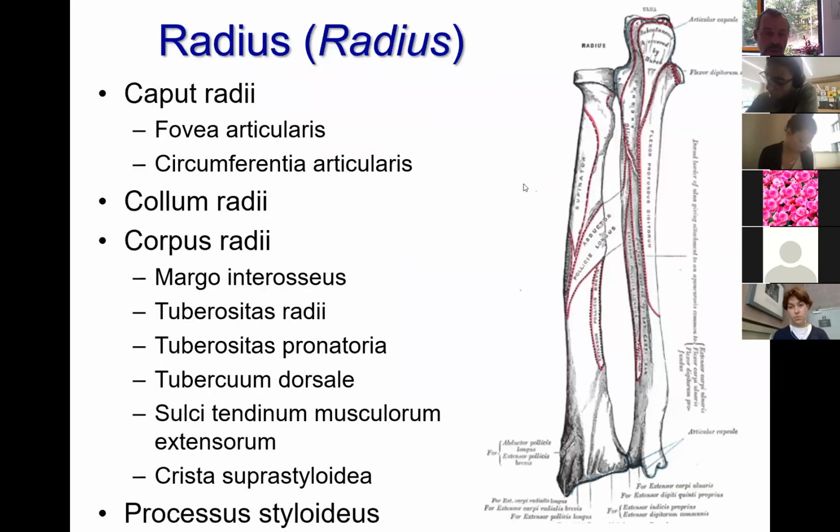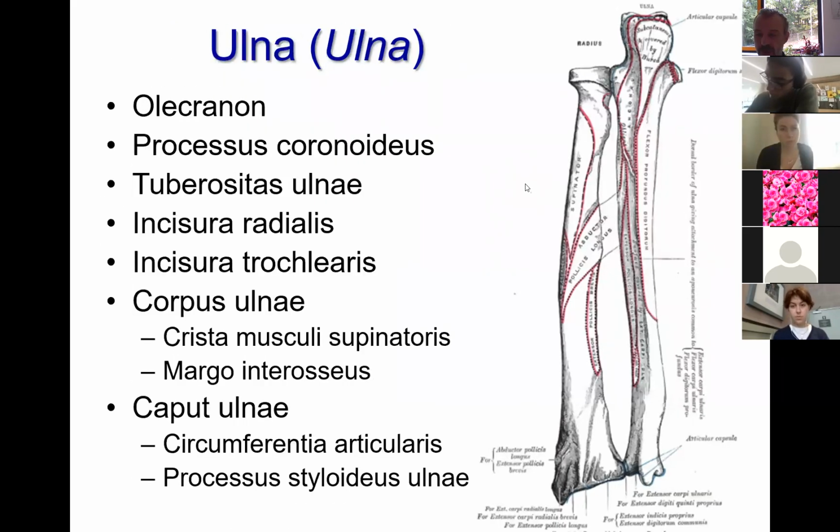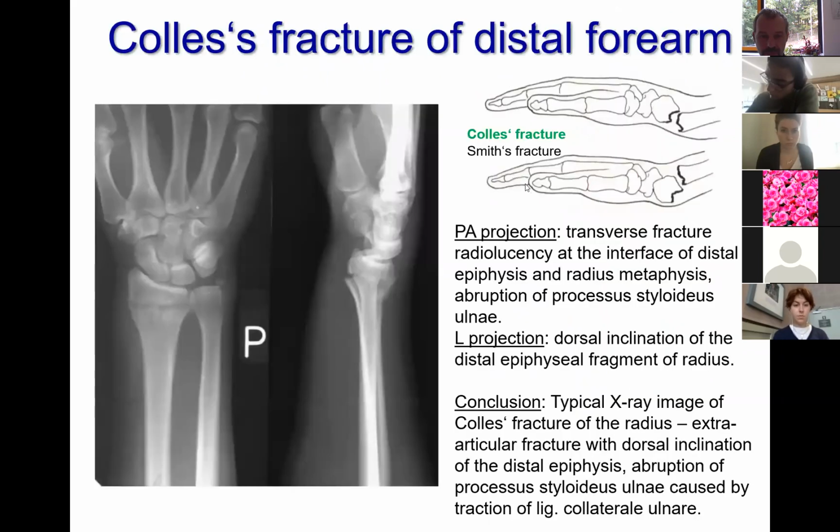But of course, that's not all for these two bones. When we come to radius, the most common fracture out of all the bones in the human body is the so-called Colles fracture. Colles fracture is a fracture when you fall on an extended hand. Here you can see a fracture line, and here is an avulsed styloid process.